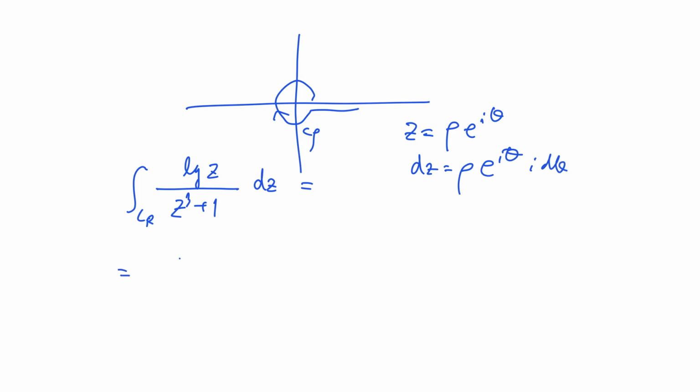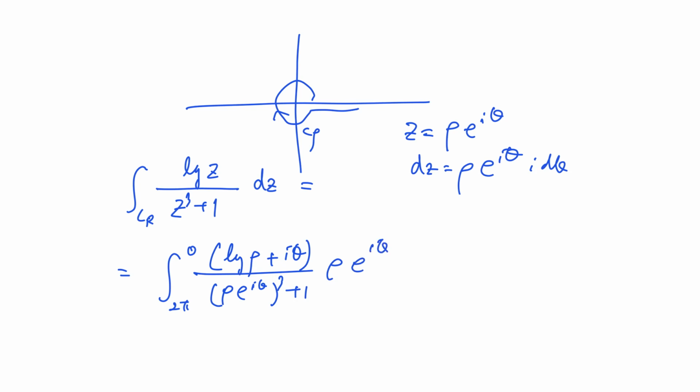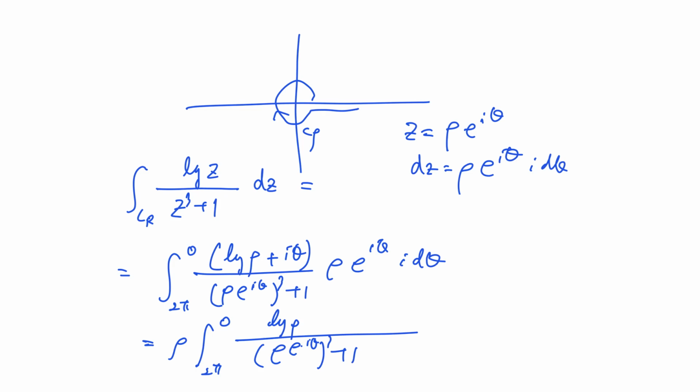So it becomes the integral from 2 pi to 0 of rho exponential I theta to the cube plus 1 times log rho plus I theta times rho exponential I theta I d theta, which becomes rho times the integral of the same expression.